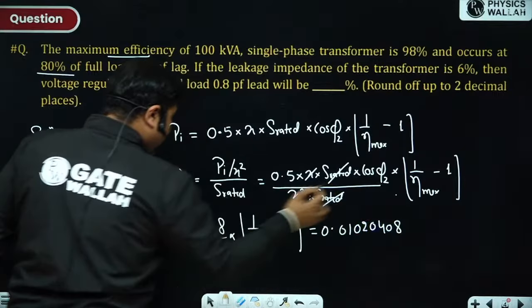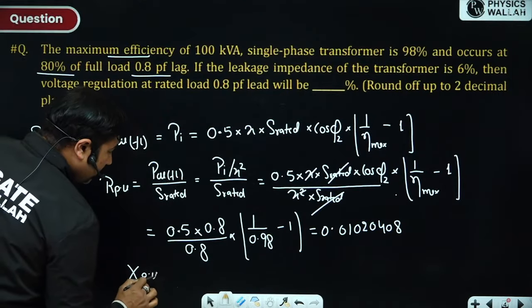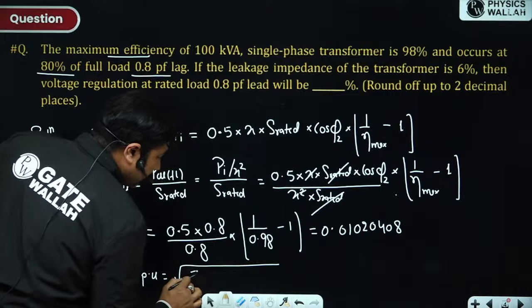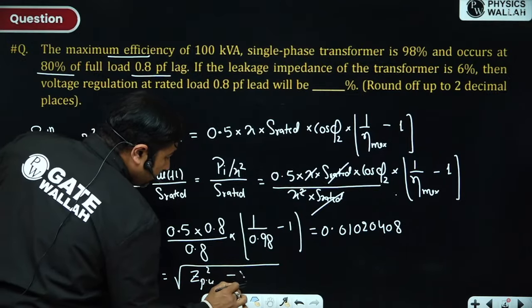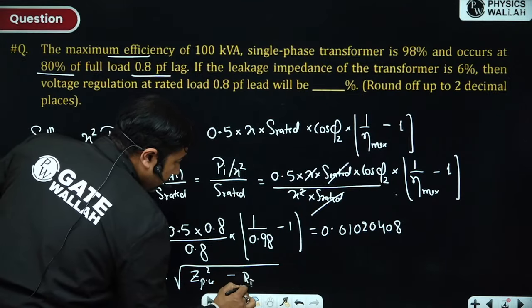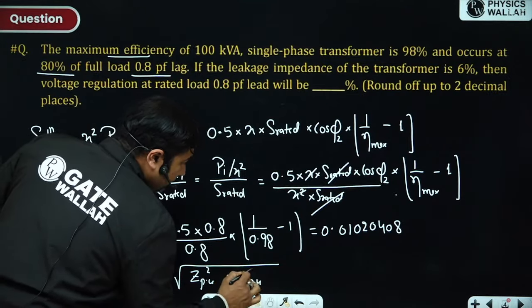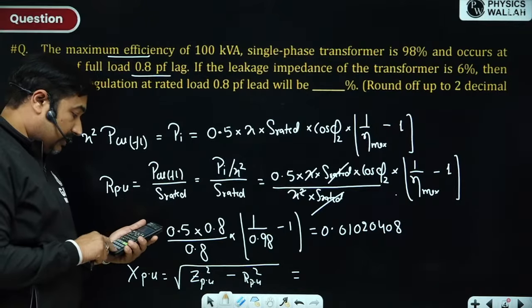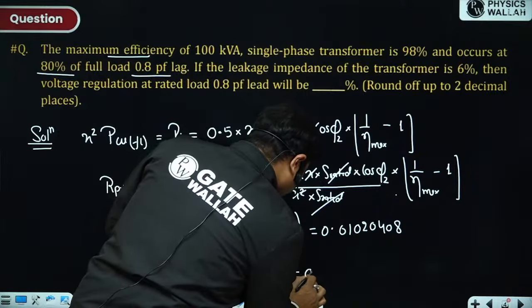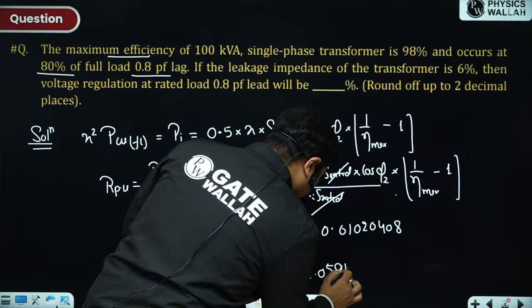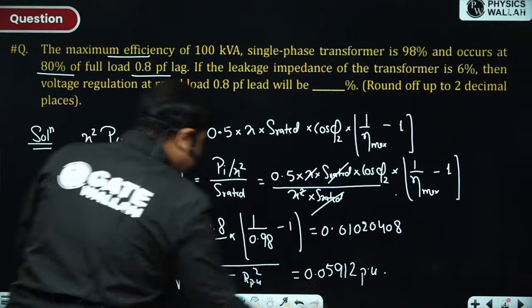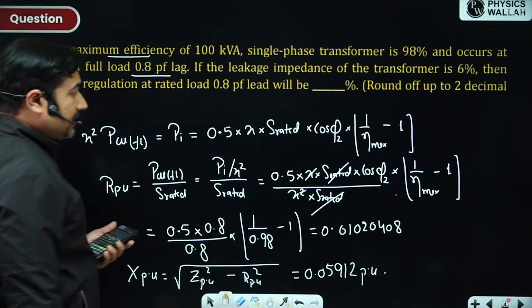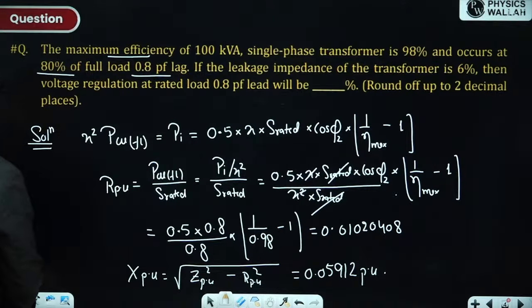Once you have R per unit and Z per unit, you can calculate X per unit as the square root of Z per unit squared minus R per unit squared. So 0.06 squared minus answer squared, square root of the answer, is 0.05912 per unit. And now you know about the voltage regulation as well. What is voltage regulation?